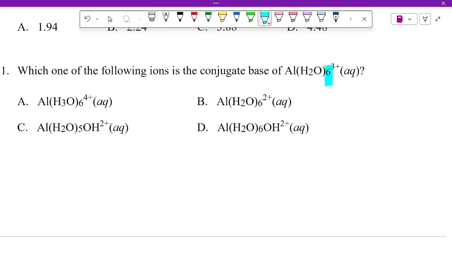One of those waters gives up an H+ and becomes OH-, so you're left with 5 waters and it becomes a 2+ charge. But the easiest thing is to look it up in the data booklet.